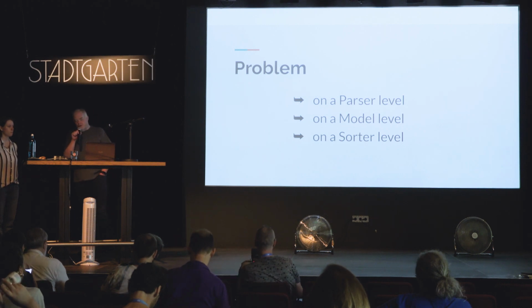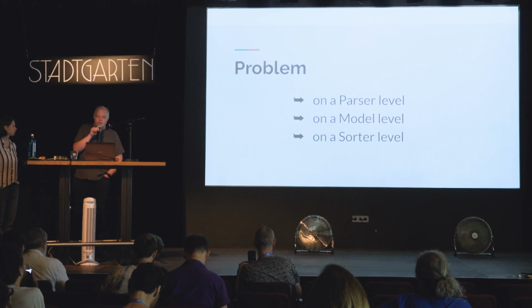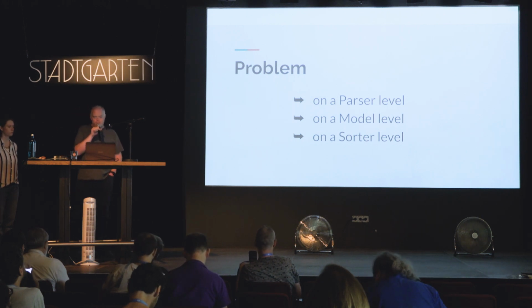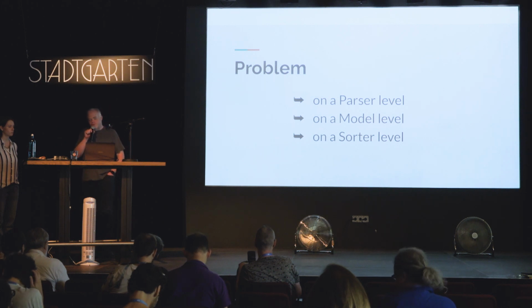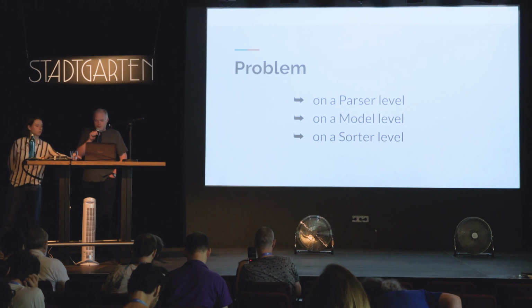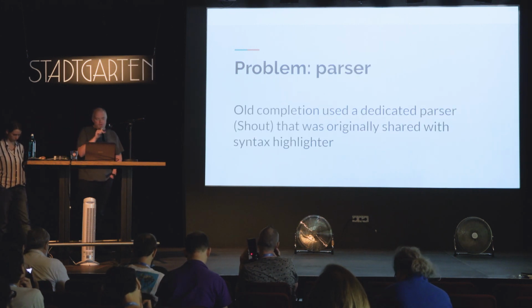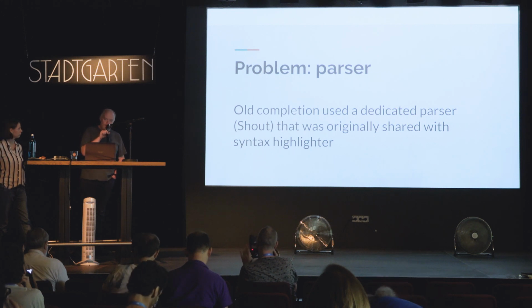And finally, the question of how we sort the results in a way that is good for the user. And what we will do now is explain these three problems one by one in a bit deeper way, and then explain a bit of what our solution was.